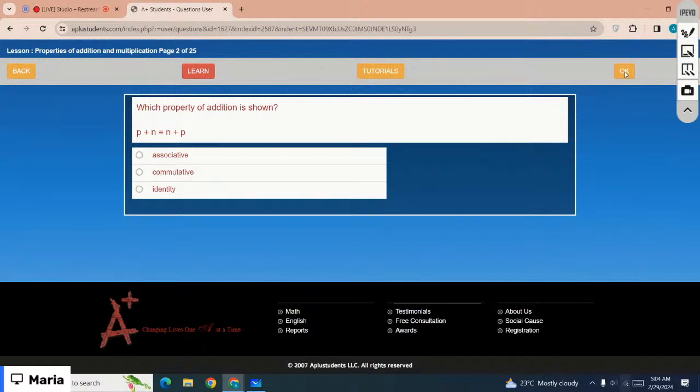If you do 3 plus 2 or 2 plus 3, the answer is 5. When you have two numbers involved, that is the commutative property. So this is the commutative property. Got it? So commutative property it is.